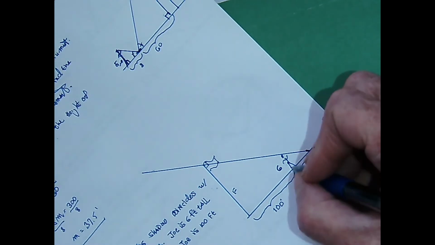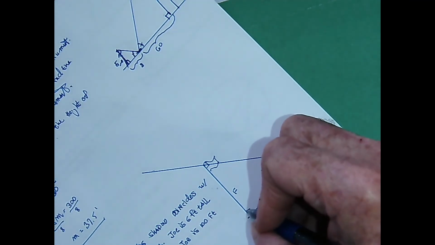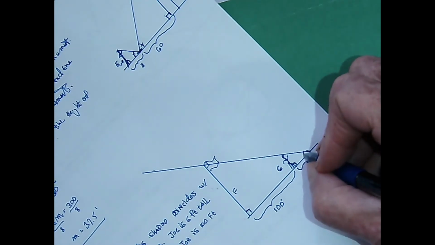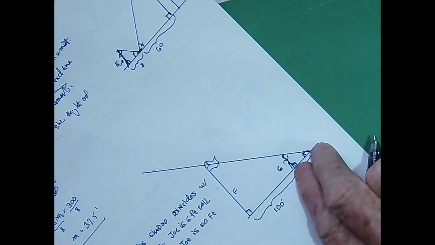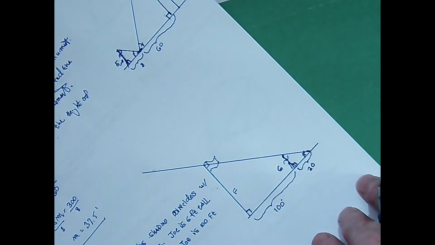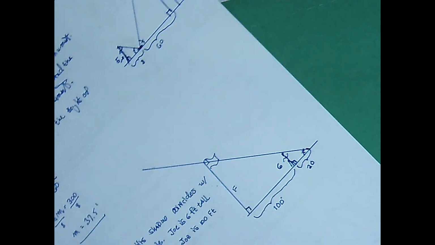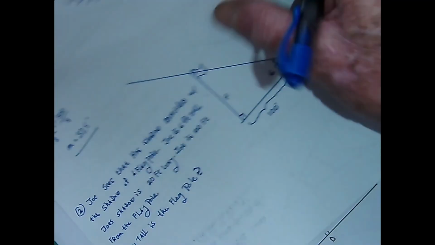Looking for similar triangles, and I think I got a pair. I know that this guy's standing straight up, so that's a right angle, and the flagpole would be perpendicular as well. And they both have this angle. So 2 angles in this small triangle could go to 2 angles in the bigger triangle, so I do have similar triangles. And I got to just write some kind of proportion to find the height of that flagpole. Let's see what we can do there.